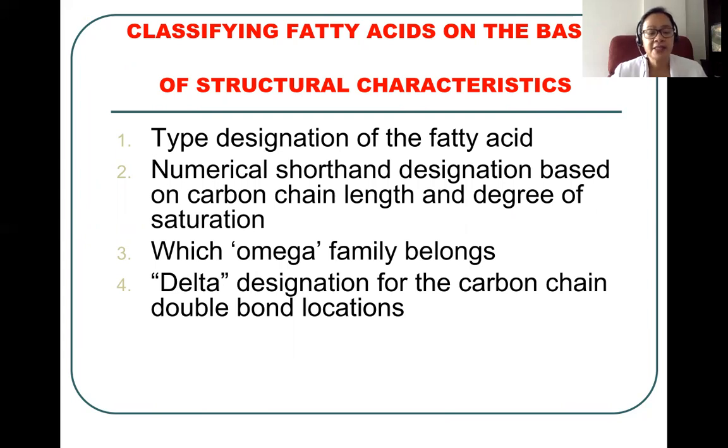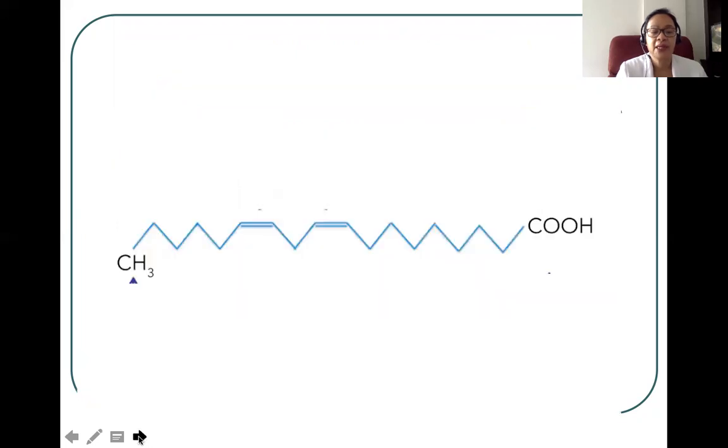Okay, and the next is you identify which omega family it belongs to and what is the delta designation for the carbon chain double bond location. Okay, so let's have this. If you look at this particular structure, you have 1, 2, 3, 4, 5, 6, 7, 8, 9, 10, 11, 12, 13, 14, 15, 16, 17, 18.